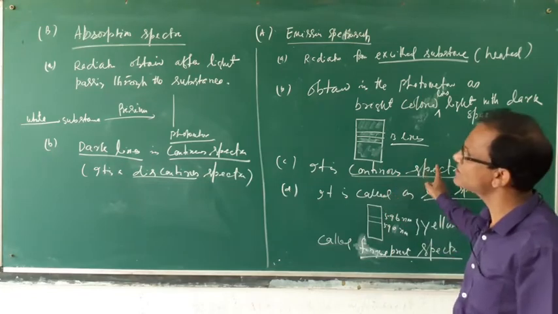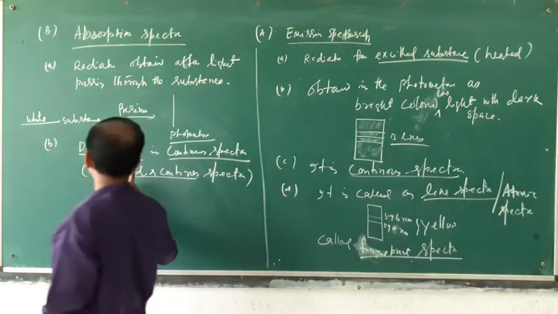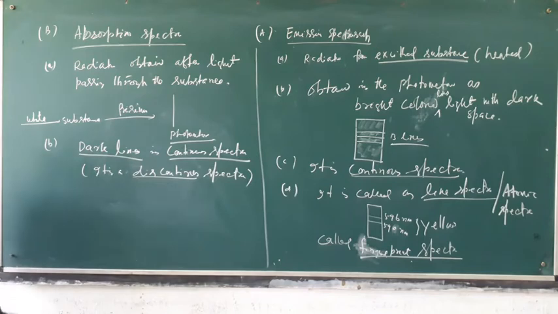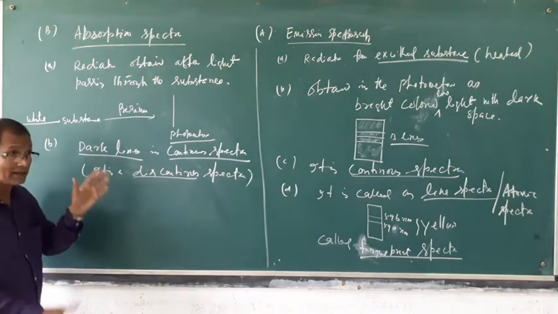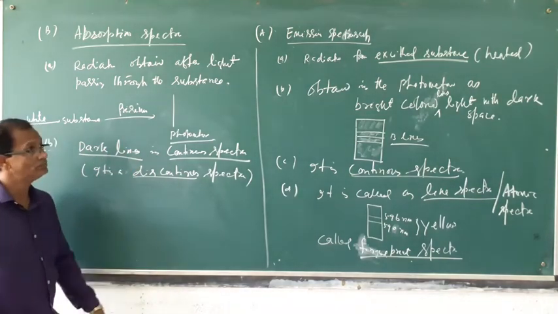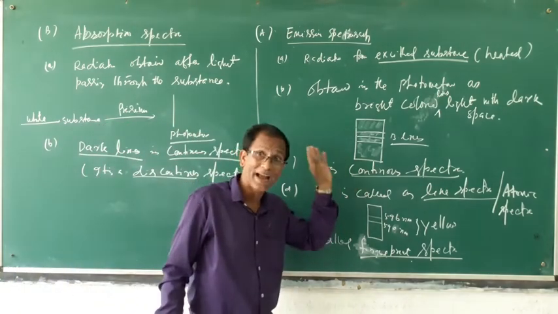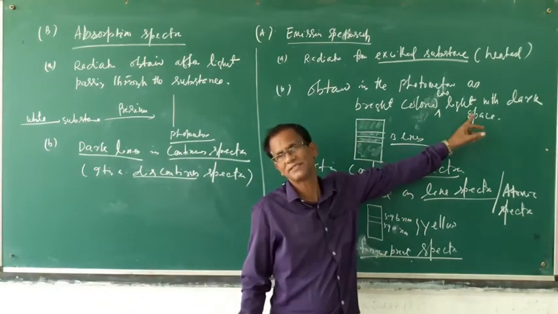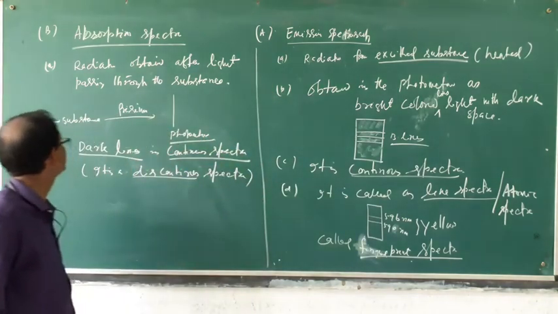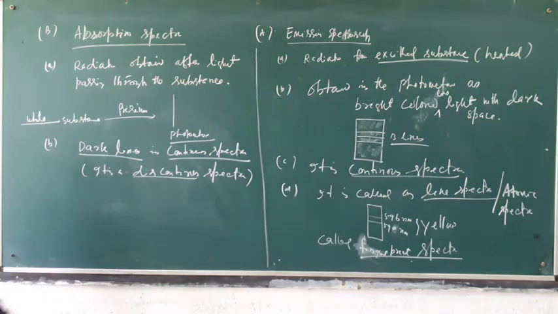Emission is continuous, this is discontinuous. Here the nature is dark lines in the spectrum, but there, bright lines with dark space. This is the difference between absorption spectra and emission spectra.